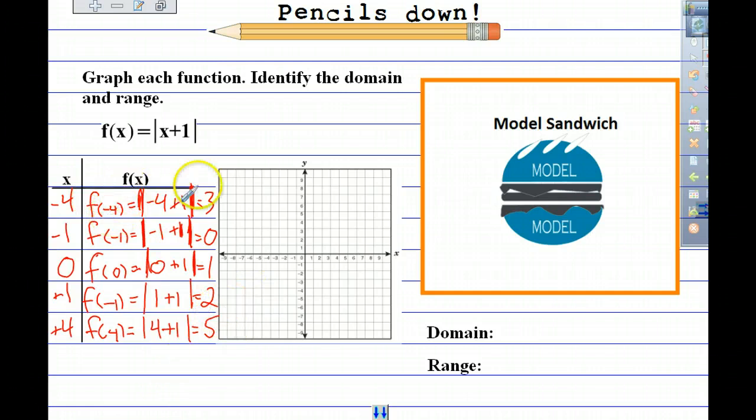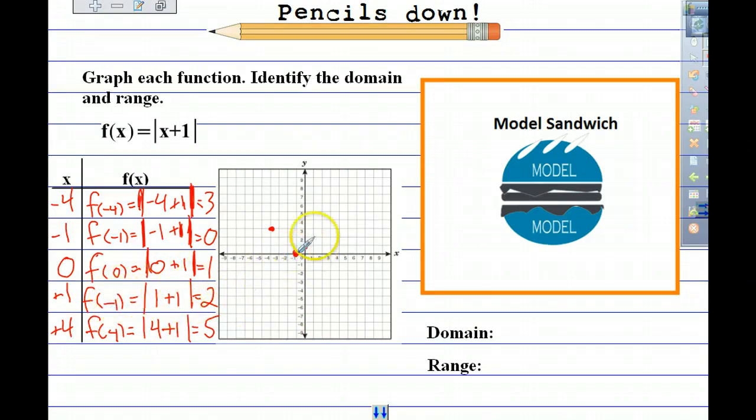So here's your x, here's your y. And you go ahead and plot. So we have -4, 3. We have -1, 0. We have 0, positive 1. So we have my x-intercept and my y-intercept. That's nice. -1, 2.